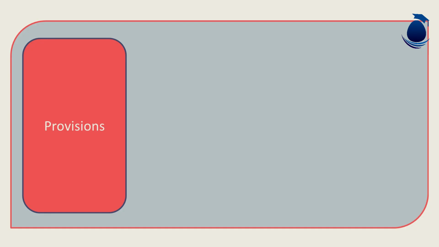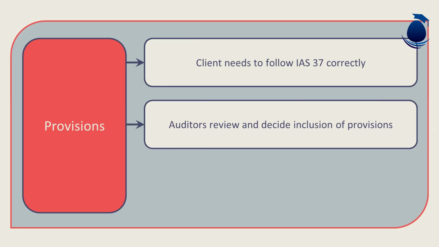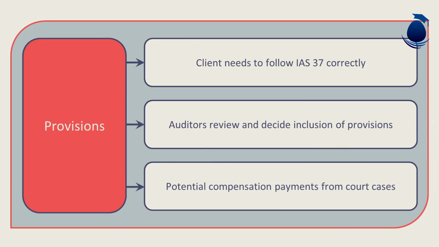Provisions may be included in the financial statements. The client needs to ensure they have followed IAS 37 Provisions, Contingent Liabilities and Contingent Assets correctly. It is the auditor's job to review the evidence and decide whether a provision should be included. Provisions could arise from events such as potential compensation payments from court cases.